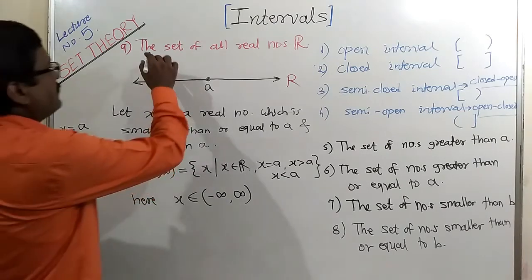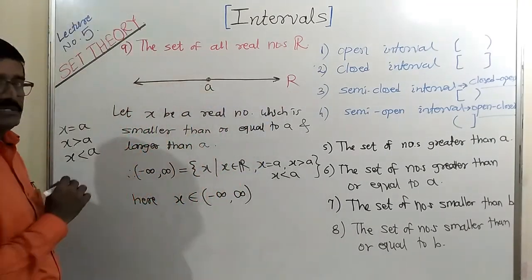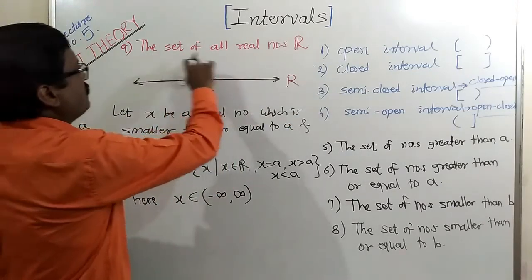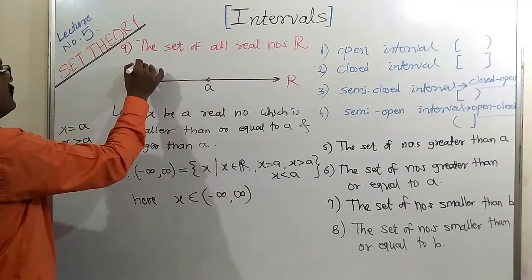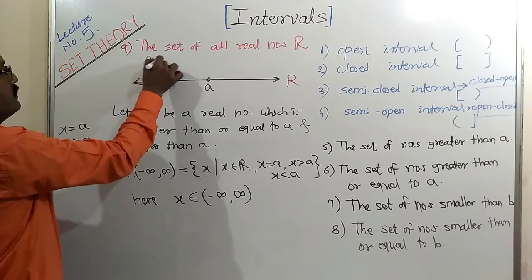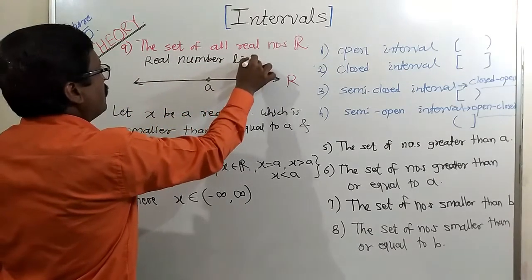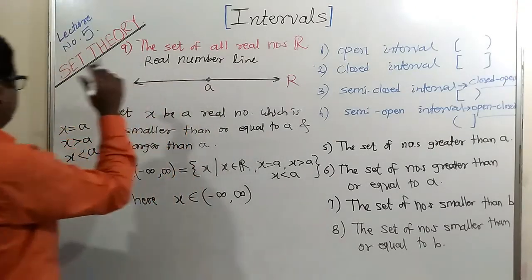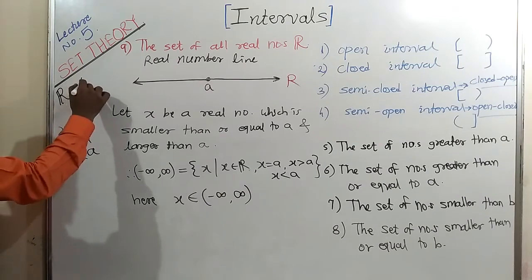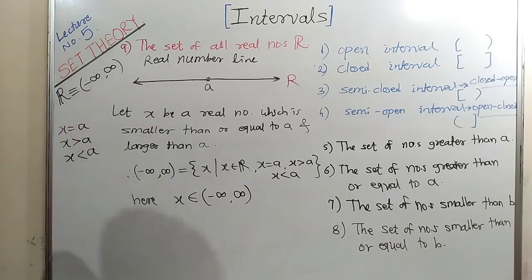So here this set represents this ray and this opposite ray. So whenever two rays are opposite they form a line. So the set of real numbers is nothing but the real number line, and this set is represented by either R or open minus infinity to open infinity.